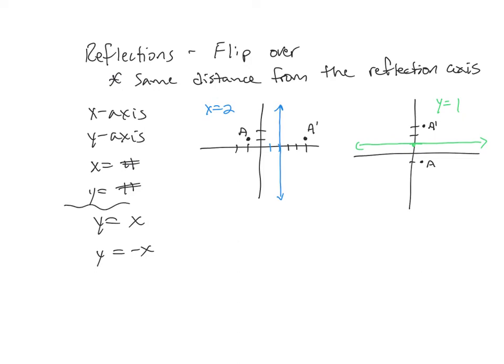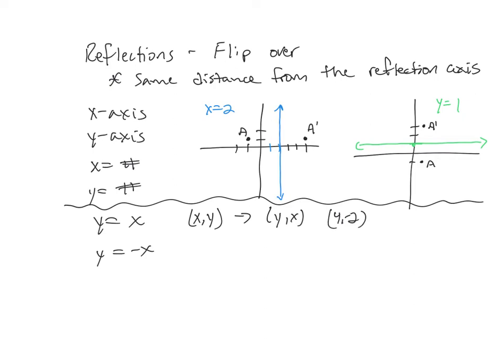Okay, so these last two are a little bit harder. Whatever point you start off with, if you reflect it over y equals x, then the new coordinate is just them backwards. So if you had 4, negative 2, when you reflected it, you'd have negative 2, 4.